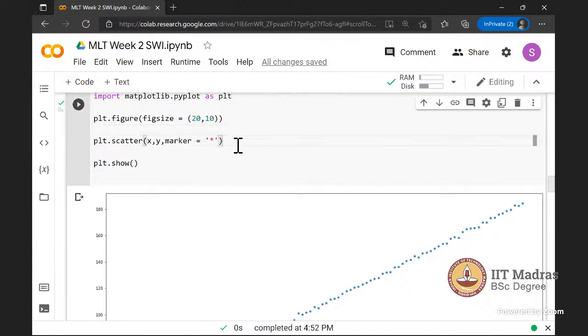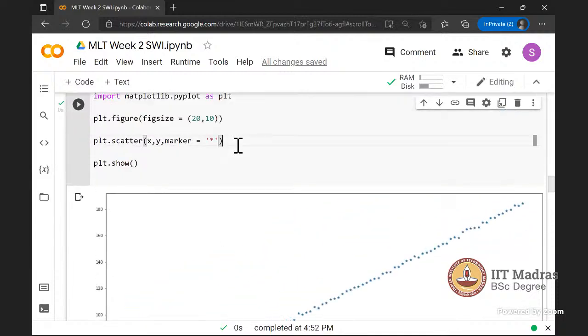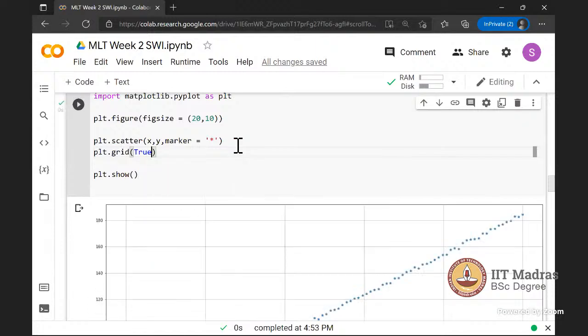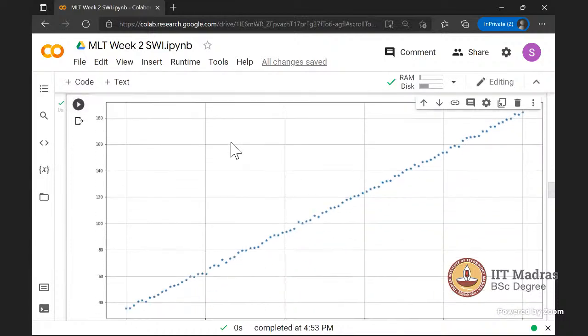So let's say if I want to see the vertical and horizontal grids also, how can I do that? plt.grid. Typically, of course, if I don't put anything, it will take True, but I'm going to provide True. If you provide False, that means if there are already grids being shown on the chart, they will be turned off. This is how it will look.